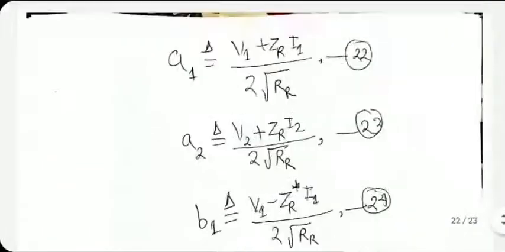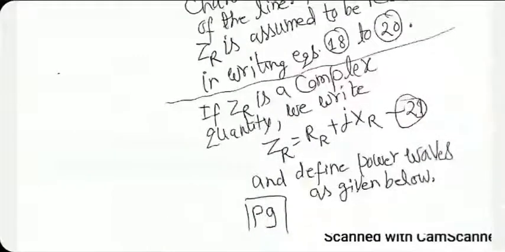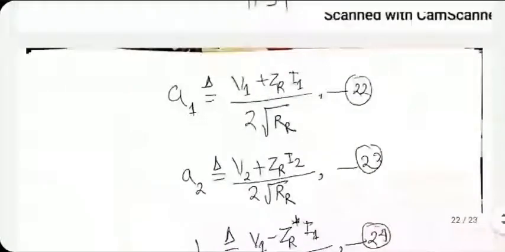Look at the definition for a1. Supposing ZR, which is the port impedance, it's a complex number in general. Supposing it is equal to the real part of the port impedance RR. Suppose XR is 0. Then it's easy to visualize. If I take ZR equal to RR, what do I get? Look at the units.